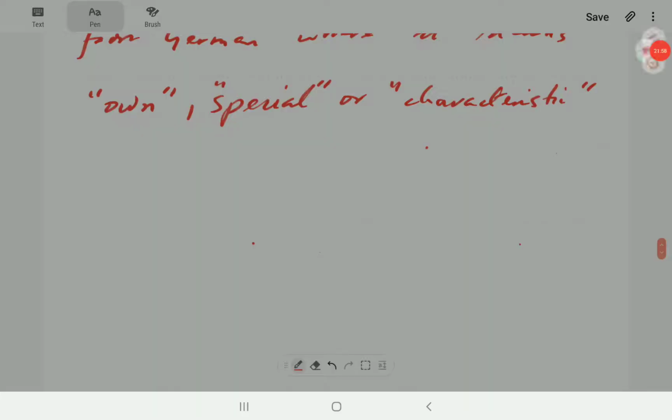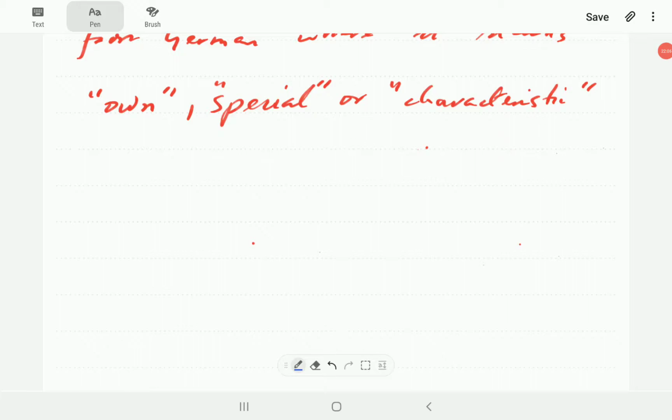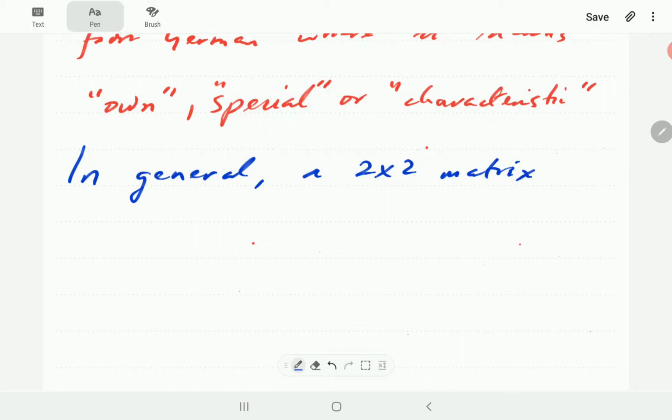Now, in general, a 2 by 2 matrix has a maximum of 2 eigenvectors.